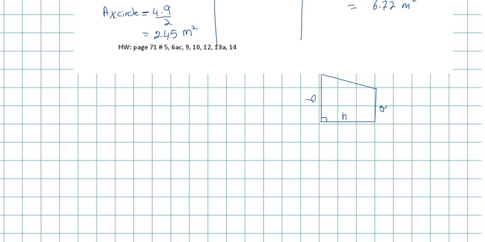Can you tell me what these sides are? So what's A? So I have 1.2 plus 2.1, and I have 2.1 and 2.3. So the area of this is 1.2 plus 2.1 times the height, which is 2.3, divided by 2.